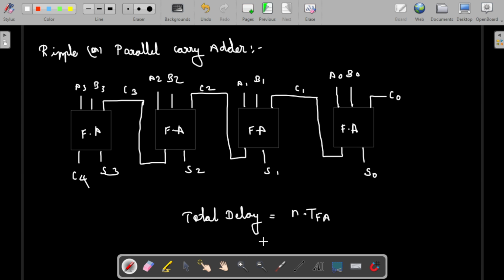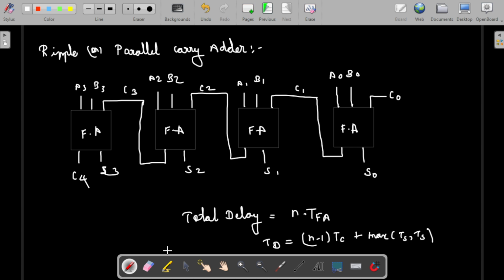The total delay TD can also be written as (n minus 1) TC plus max of TS or TC. Here TC is the propagation delay of the carry, and TS is the propagation delay of the sum. In the last stage, if the delay for S3 calculation is greater than S4, then we take that into account.